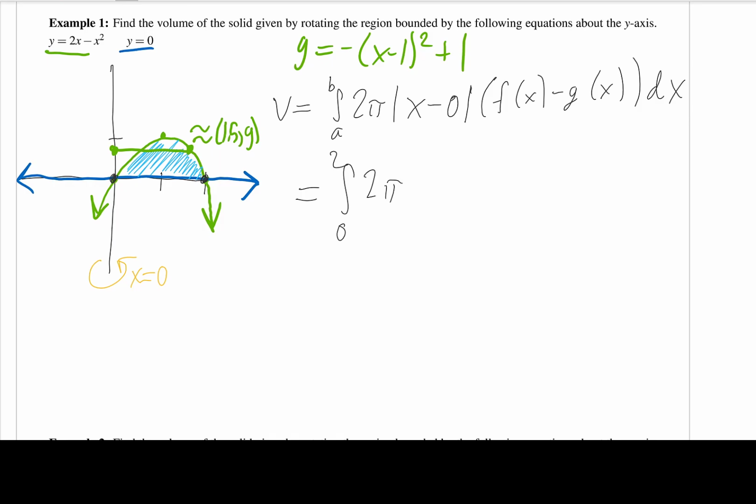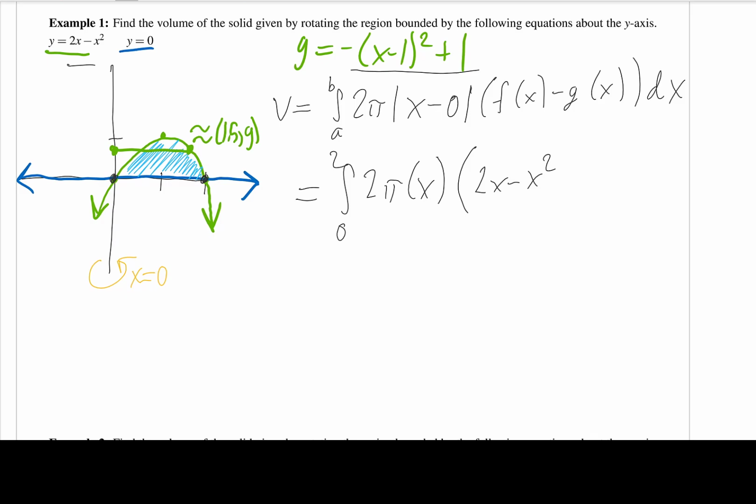So that's why I'm saying that we should have x minus 0 right here instead of 0 minus x. So this is going to be 2 pi times x minus 0, which I'm just going to write as x, times, now we'll have the top function, which is 2x minus x squared. Notice I've got two different ways I can write it. I've got this way and I've got this way.